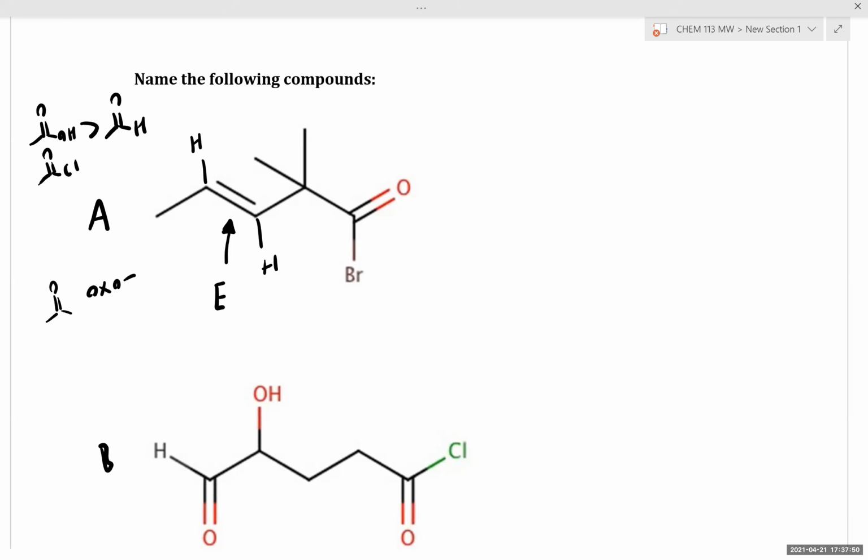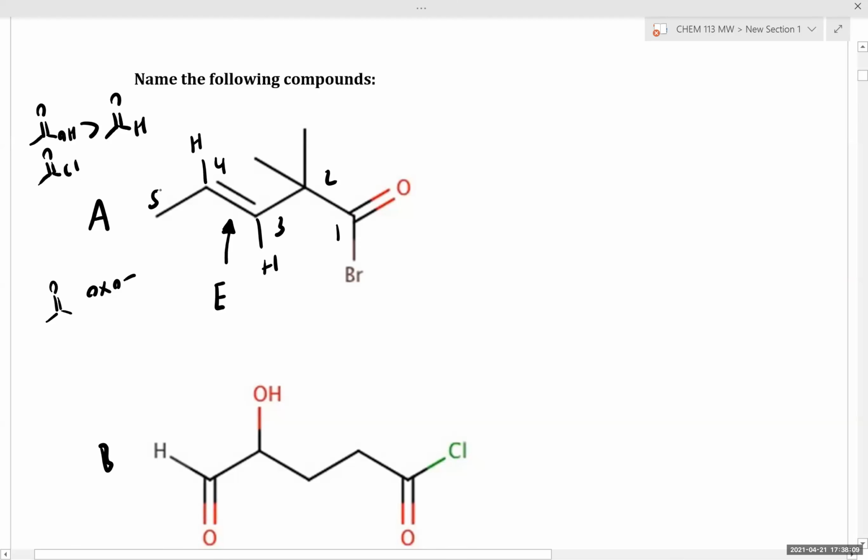So we see a lot of outpouring in the chat for the correct stereochemical assignment. Would anyone like to try to propose a name for this first compound? So we have a locant number of 1 for our acyl bromide carbon, okay.